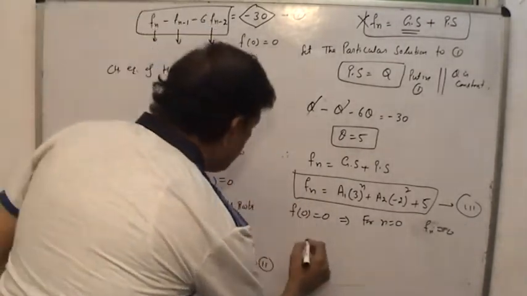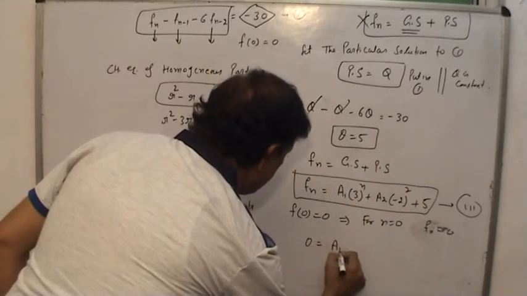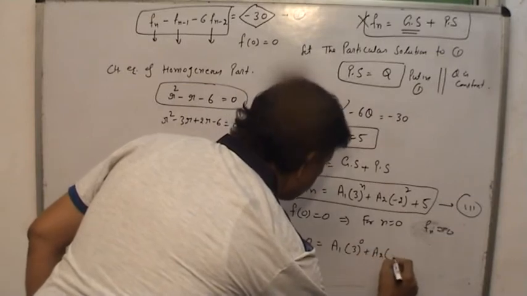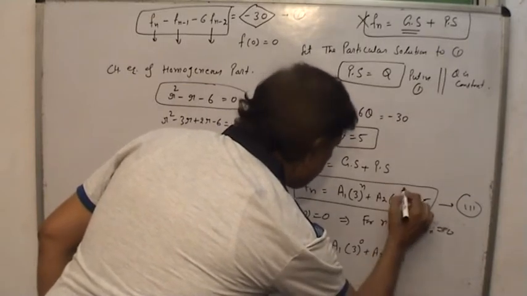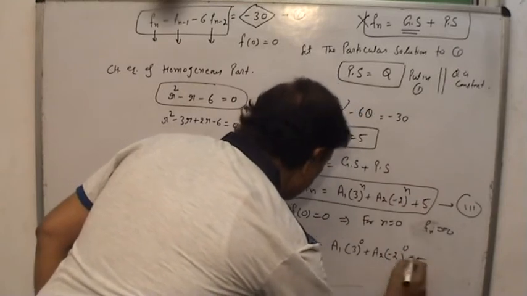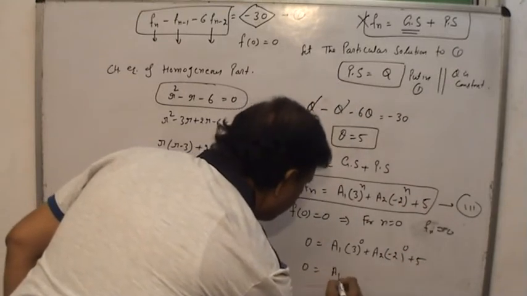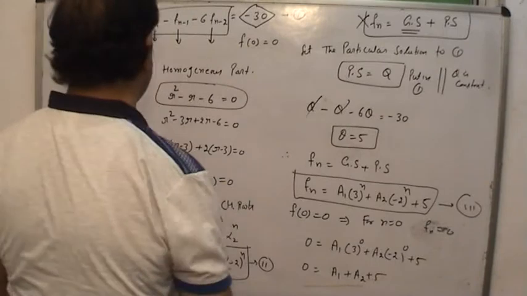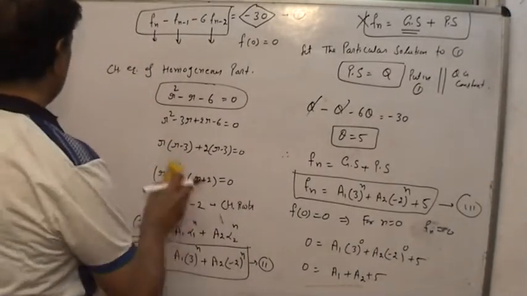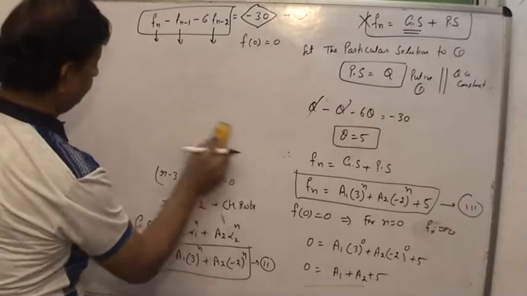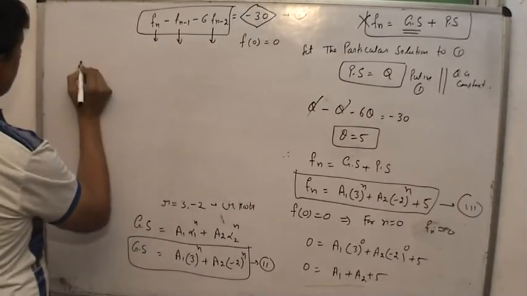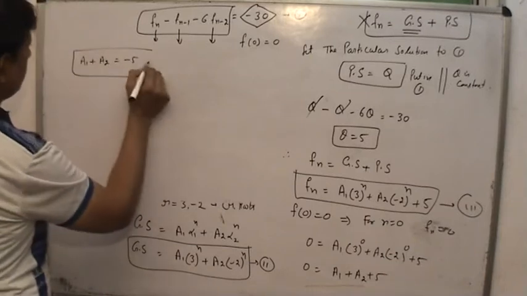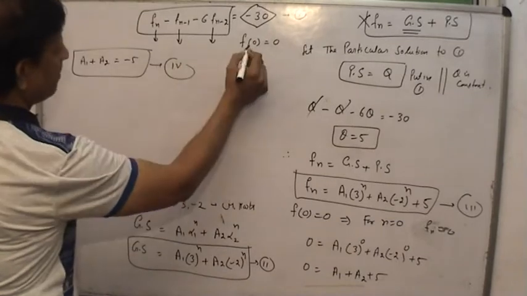Here 0 is equal to A1 into 3 raised to the power 0 plus A2 into minus 2 raised to the power 0 plus 5, or 0 is equal to A1 plus A2 plus 5. Here we get the first equation, A1 plus A2 is equal to minus 5. Say it is number 4. It is the first initial condition.